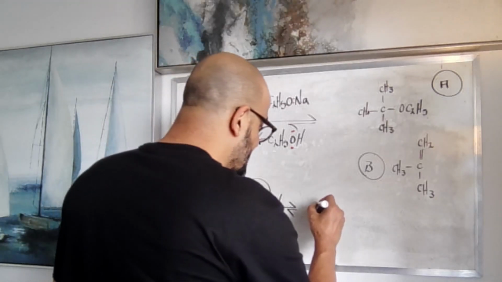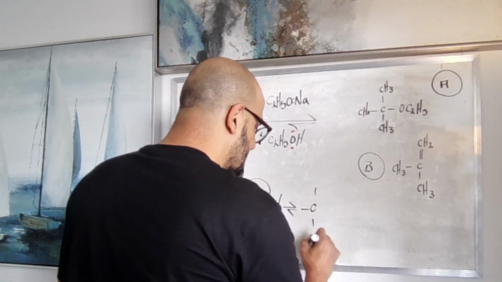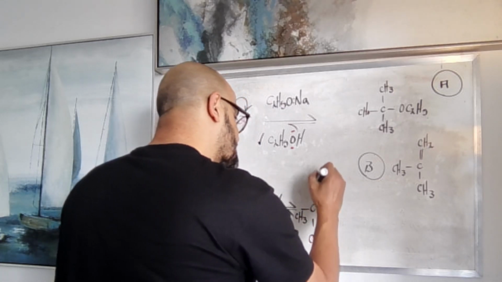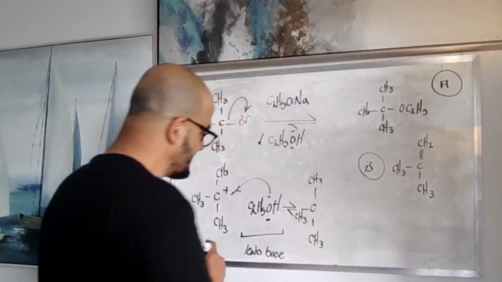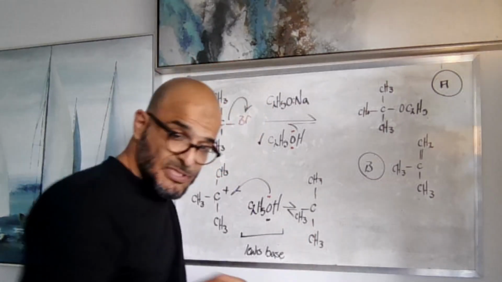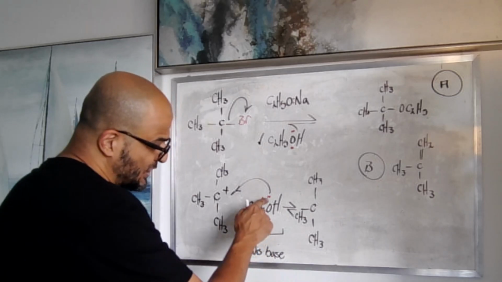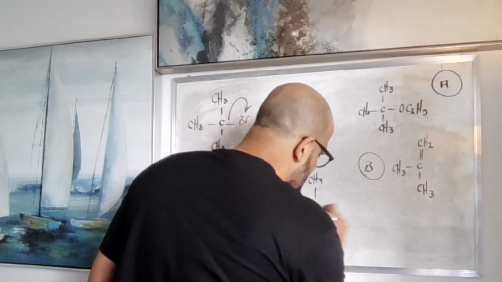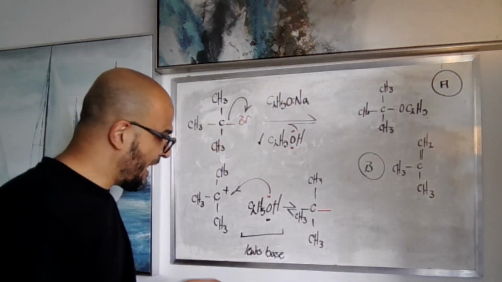We may end up with this reaction. I have the central carbon, CH3, and around it, with a different color, the lone pair, denoted here in red, is going to form this bond.